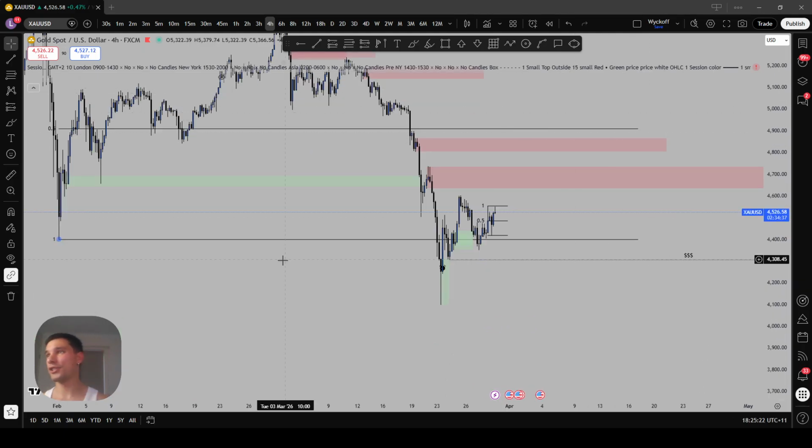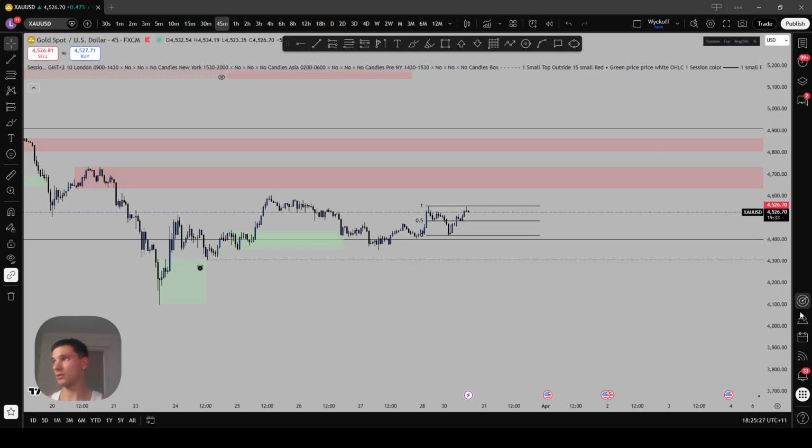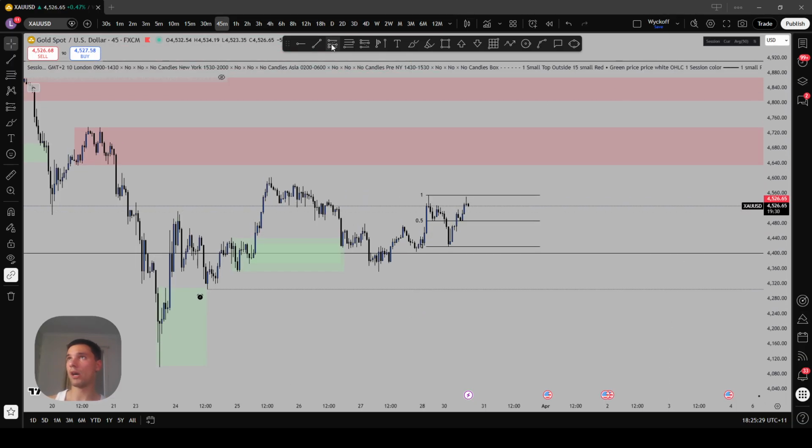Yeah, this is kind of the only ranging environment I'm really seeing here on gold. Nothing else worthwhile.